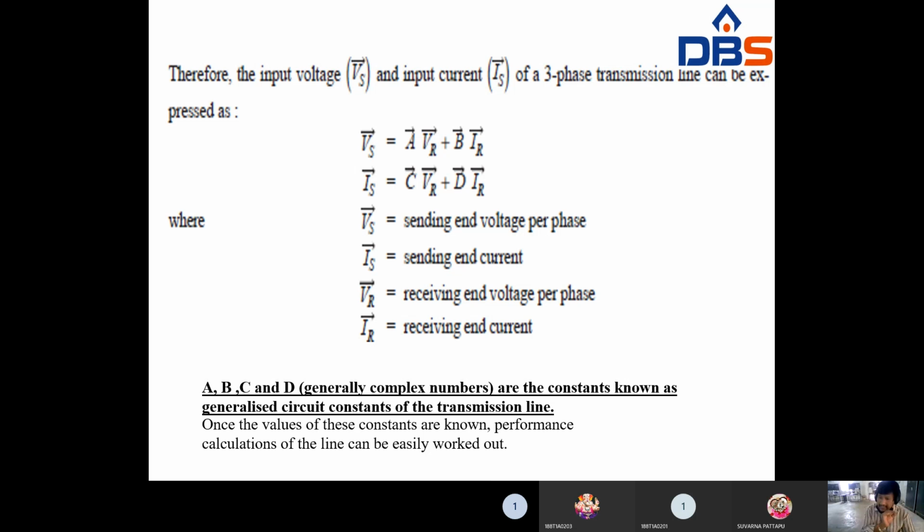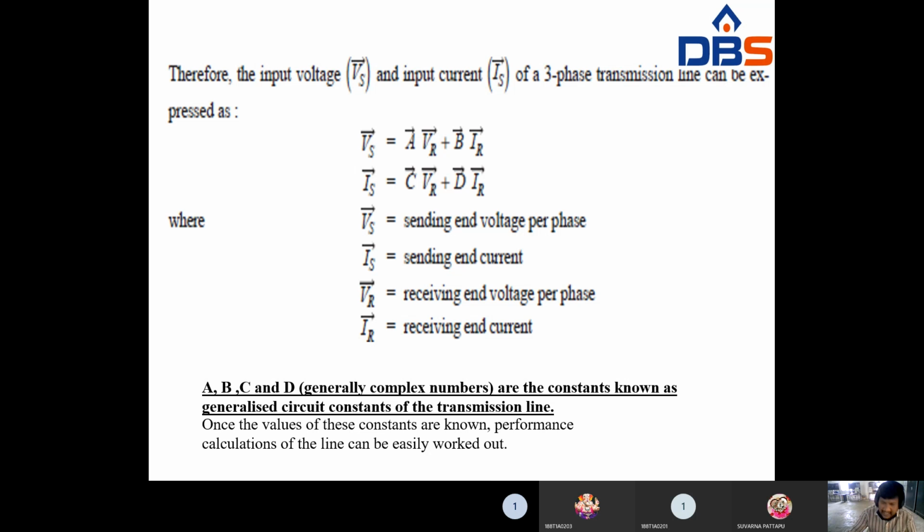You draw the phasor diagram first, take the receiving end voltage as reference, then add the resistive drop, then add the reactive drop, adding all the parameters phasorially, then we get the sending end voltage Vs is equal to VR plus IR R plus I X L. So the resistive drop and inductive drop are added to the receiving end voltage such that we get the sending end voltage.